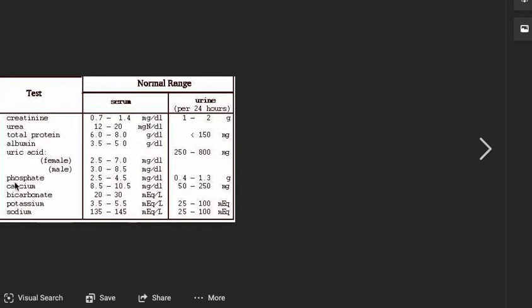And they will give you all the electrolytes, not in all the reports, but here they have given. Okay, so of course electrolytes we have done. So this is how it looks like.